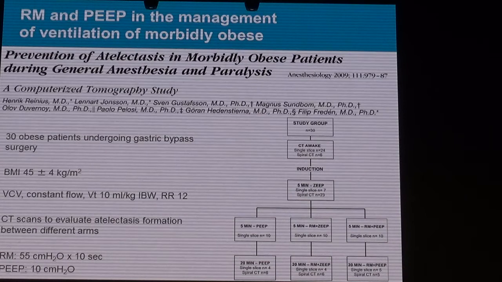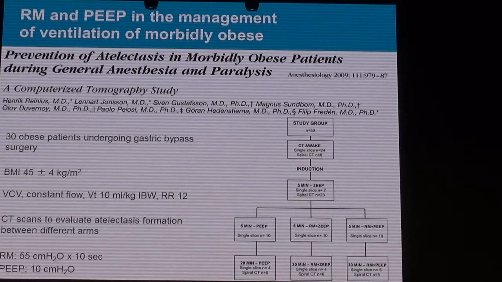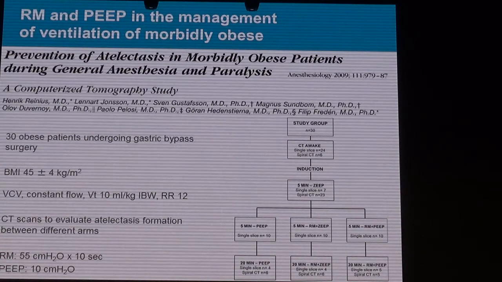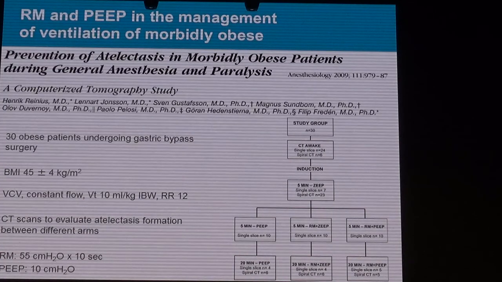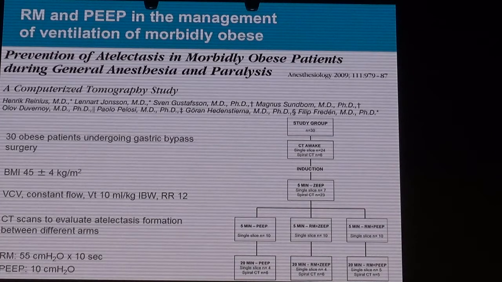The second group was induced, intubated, and then a recruitment maneuver was applied, defined as 55 centimeters of water for 10 seconds. And the last group was induced and recruited with 55 centimeters of pressure and then PEEP at 10. I remind you, these are normal patients with normal lungs, just obese.